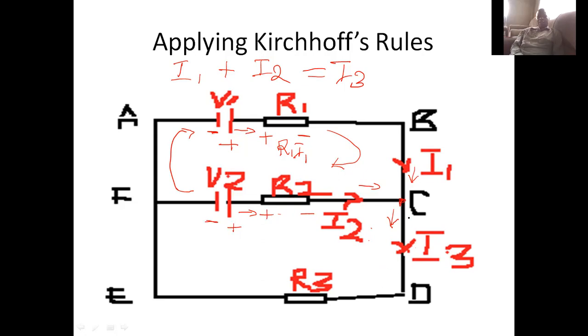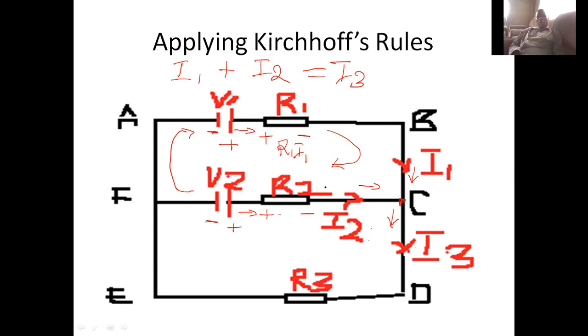So when you add this voltage, this one will be positive, then this one will be negative, because there is a drop in the potential difference, and therefore it will be R1 multiplied by I1. And so this is the loop.